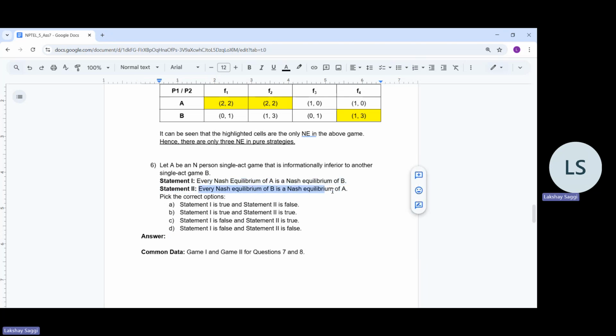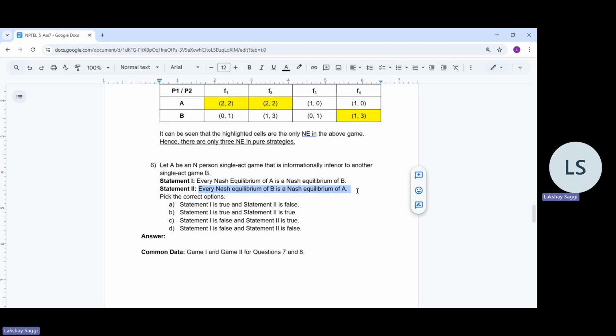But statement two, that every Nash equilibrium of game B is a Nash equilibrium of A, is definitely false. B is a refinement, and the kind of examples we saw also: there's an extensive form game, it can be decomposed into a simultaneous game and another dynamic game. Then there exist some Nash equilibria corresponding to the simultaneous game and some to the dynamic game.